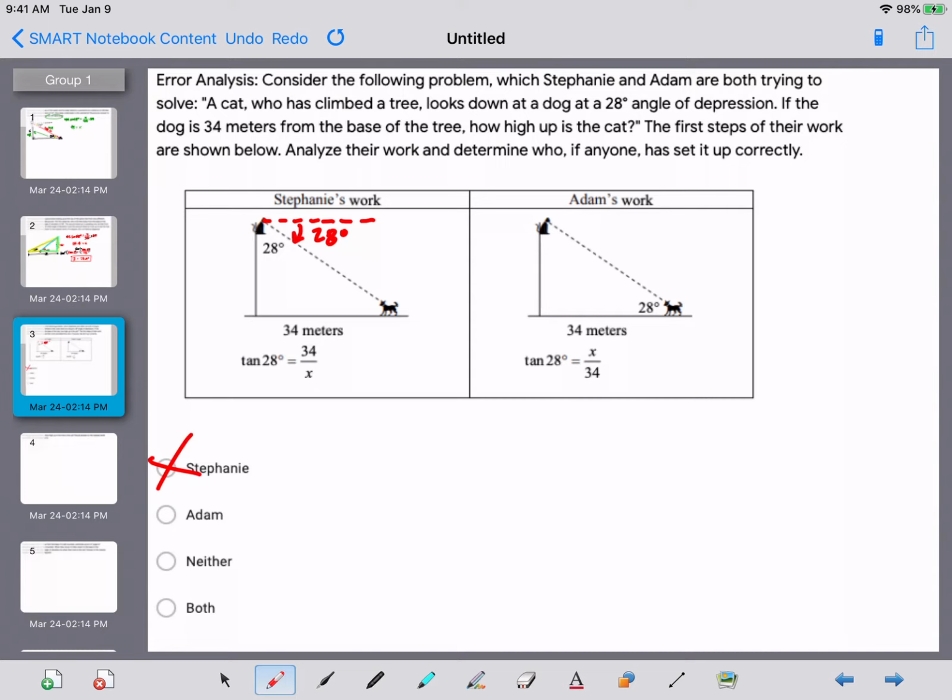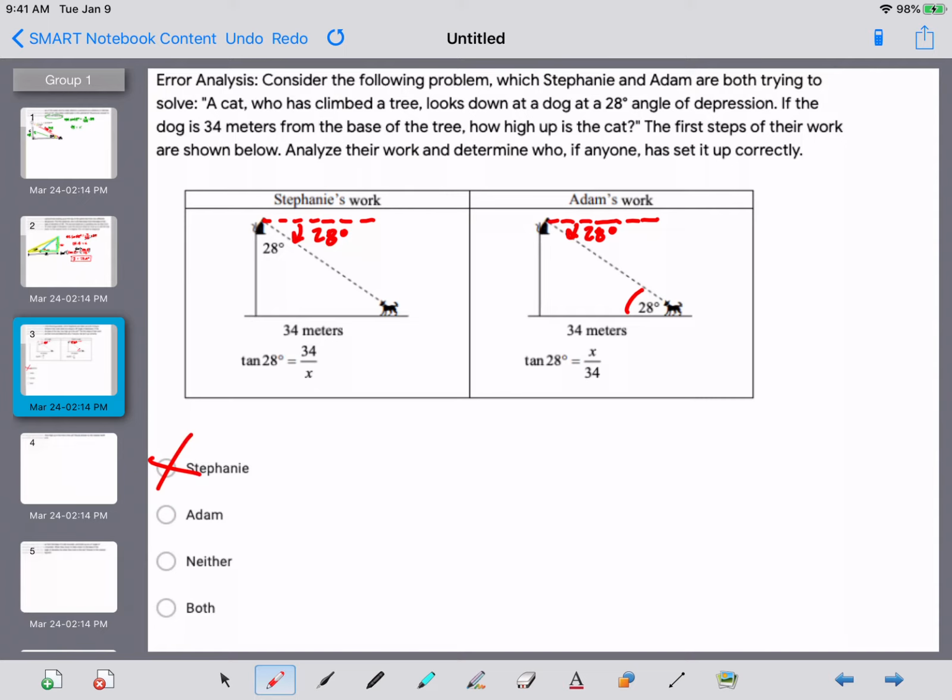And then let's look at Adam's work. So this cat is looking straight out and then down at a 28-degree angle to the dog. So this is kind of like the first problem we looked at with the submarine. These angles are, in fact, equal because they're, again, alternate interior angles is what we call those.